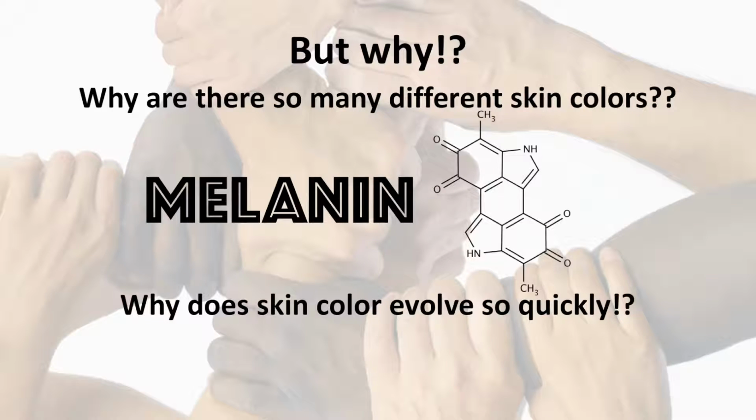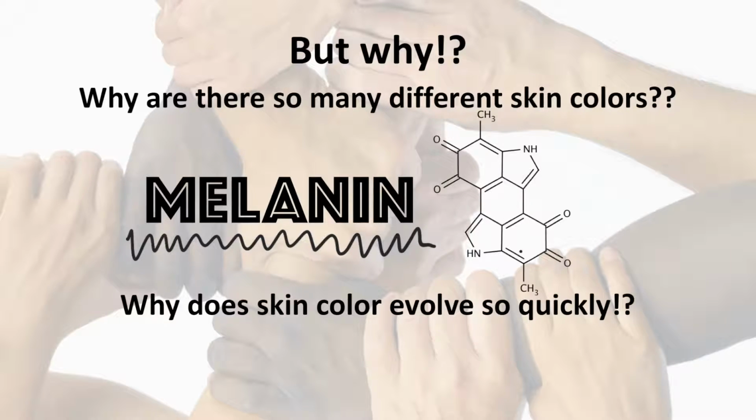And why does skin color evolve so much more rapidly than certain other traits in the human population? We know that the different skin colors or skin tones are created by the amount of melanin that your skin produces. And we won't go into the details of this, but essentially melanin is a type of molecule called a pigment that is going to essentially play a protective role in the skin.